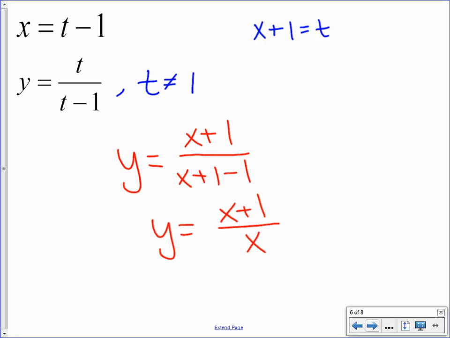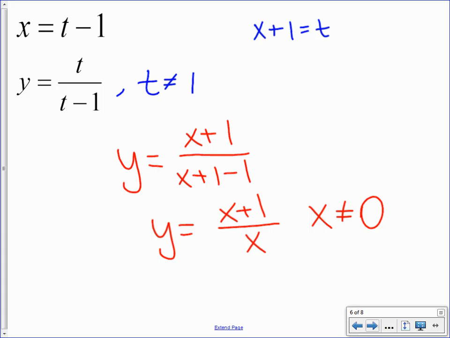Okay, so now let's think about this. If we cannot plug in t is 1, and we know that x is t minus 1, what would that make the restriction here? X cannot equal 0. Now, why did that make sense for this equation?